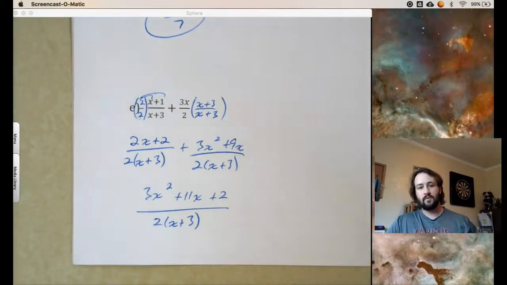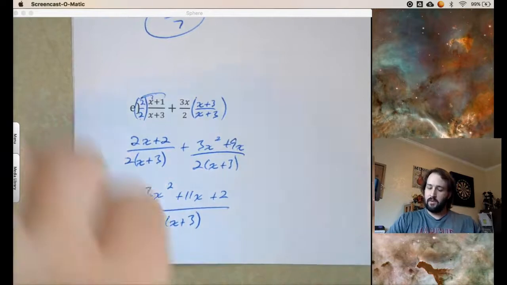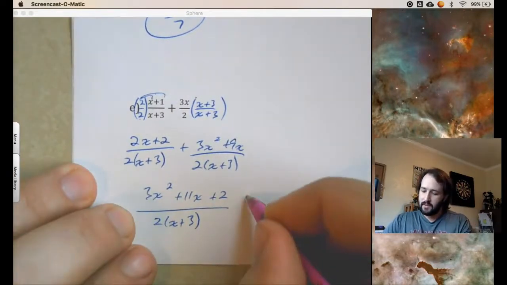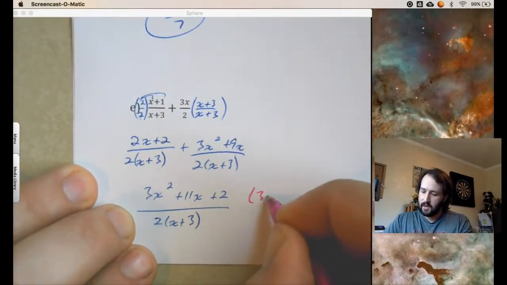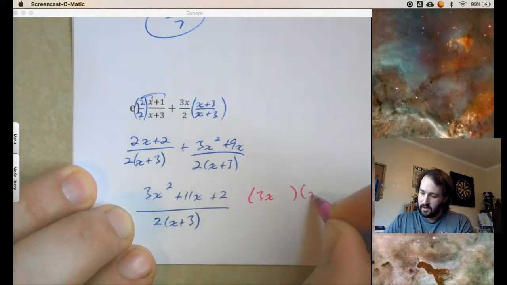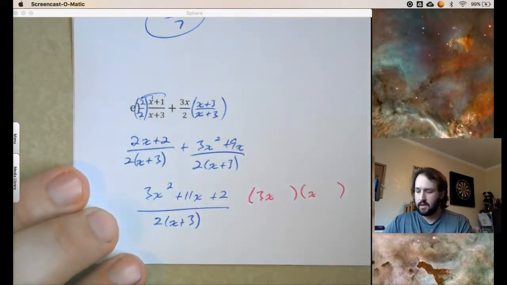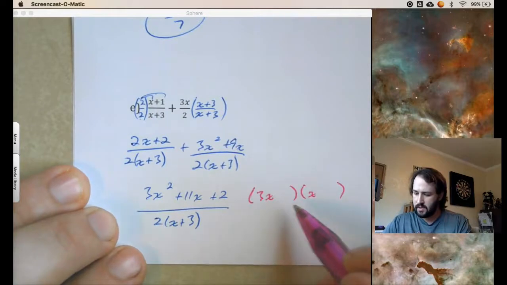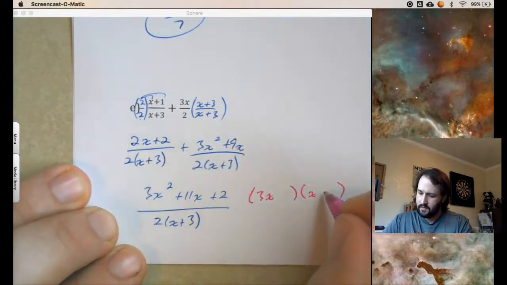So now another thing I look for is if I can factor it. So up here in the numerator, if I try to factor, I know that I will have a 3x and I will have an x. So now I got to think of something that multiplies to be 2 and adds to be 11. Well, if I try to get the biggest number I can and do a plus 2 here, that would be 6.